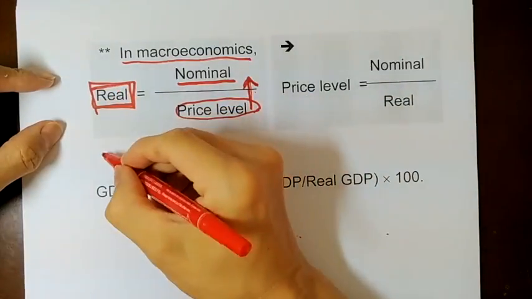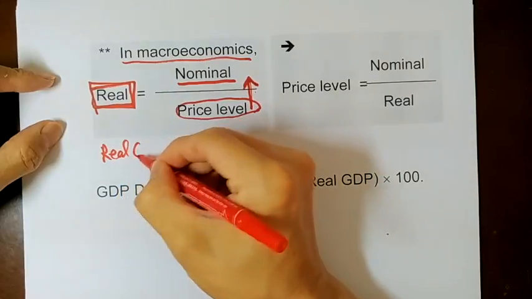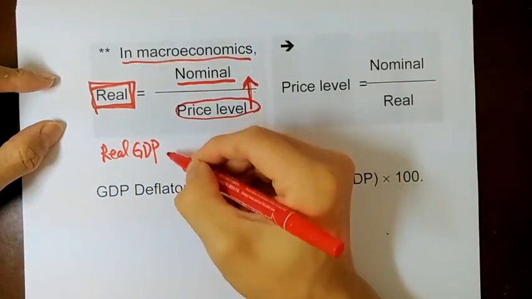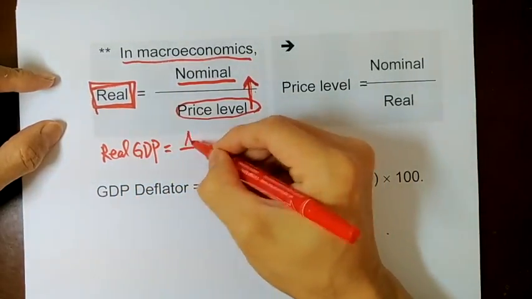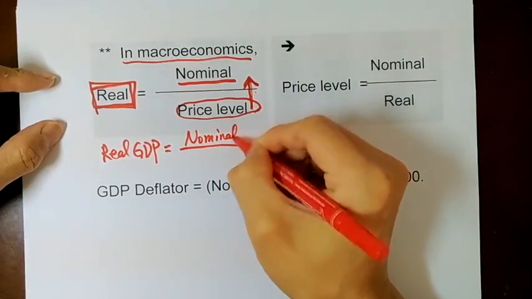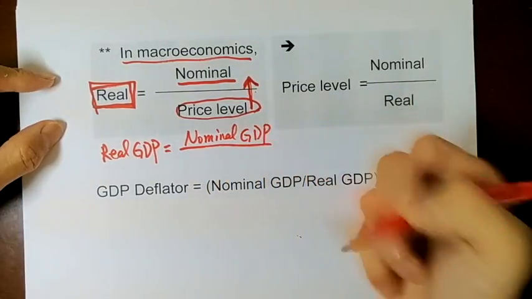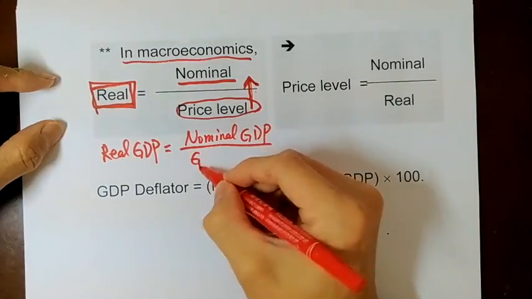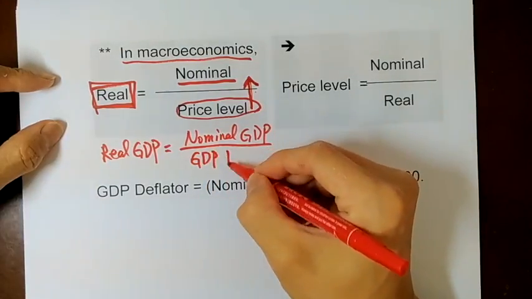Therefore, real GDP is equal to nominal GDP divided by the GDP deflator.